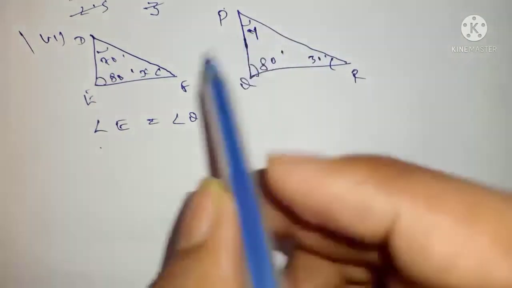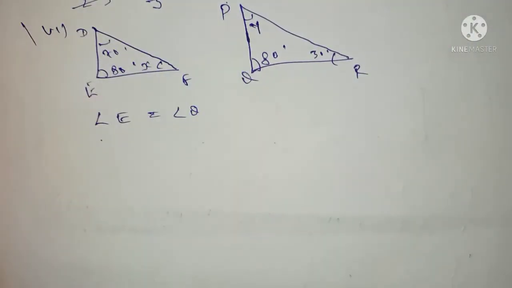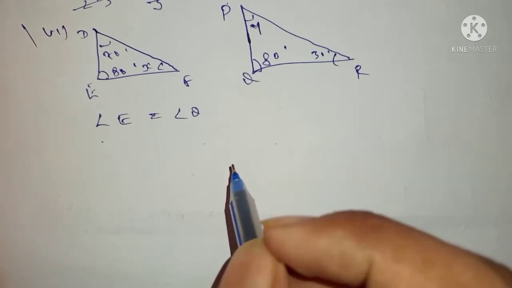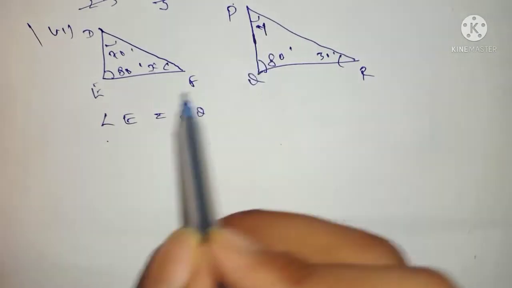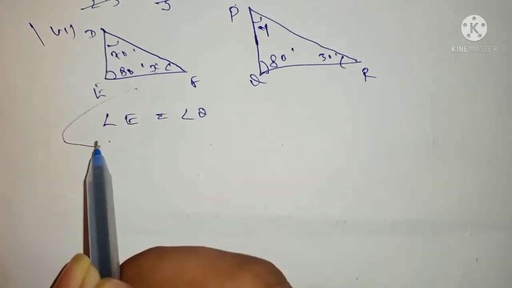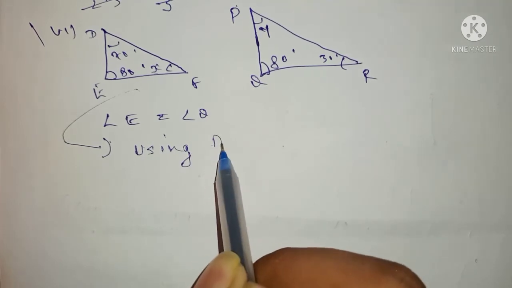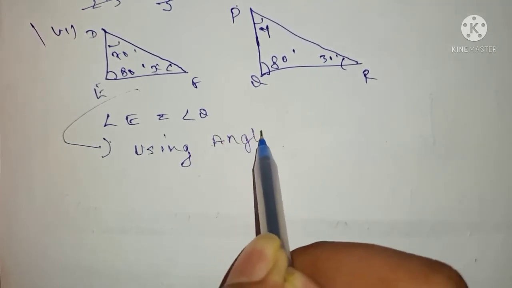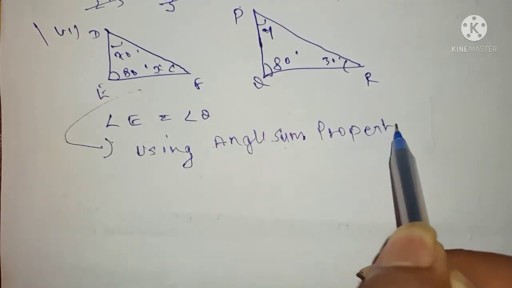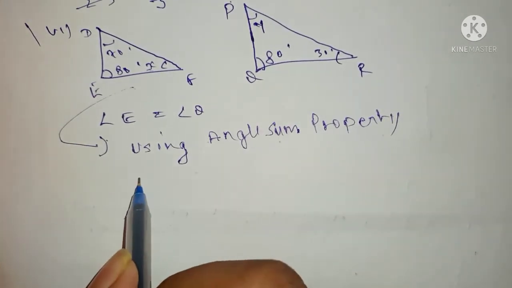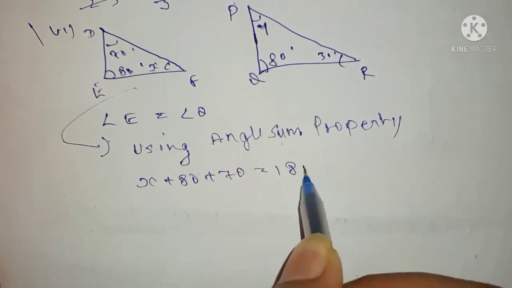Okay, because when we are going to use the angle sum property, we can find that X and Y. So if I am going to find the X and Y, using angle sum property, X plus 80 plus 70 is equal to 180 degree.